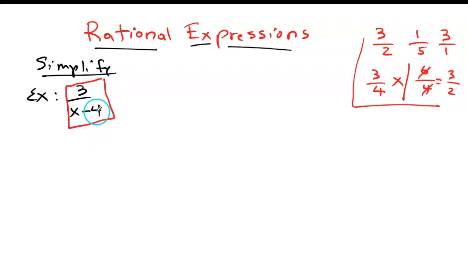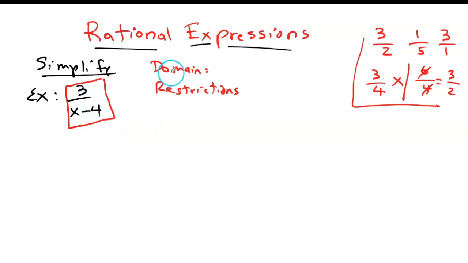But now, every time I'm doing a rational expression, I've got to find the domain or the restrictions. So every time you write a rational expression, you give the domain or the restrictions to the domain.